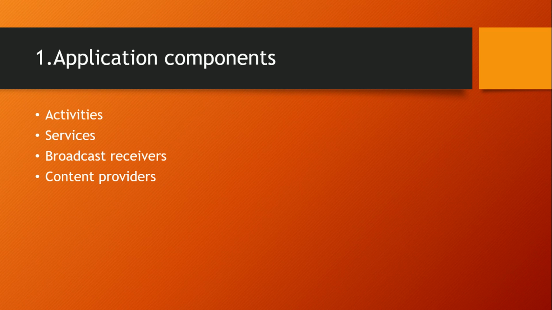So first of all, any application can contain these four different components. Any application will be using activities, services, broadcast receivers, or content providers, maybe using more than one of these.